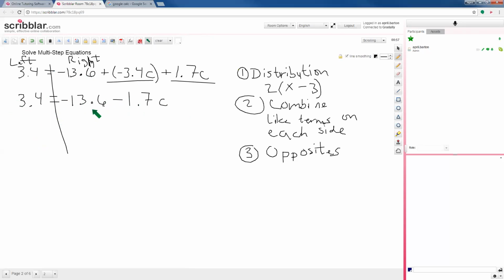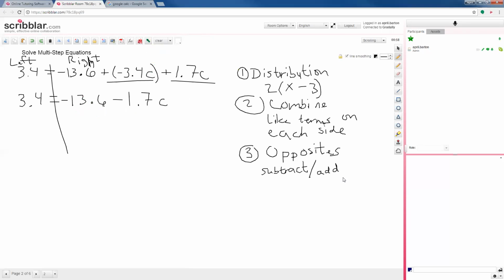So we almost always do the opposite of the subtraction or addition first, and that's the number without the c. So the negative 13.6, no variable, that means we want to do the opposite of subtracting 13.6. We've talked about our opposites. Subtraction, the opposite was addition.